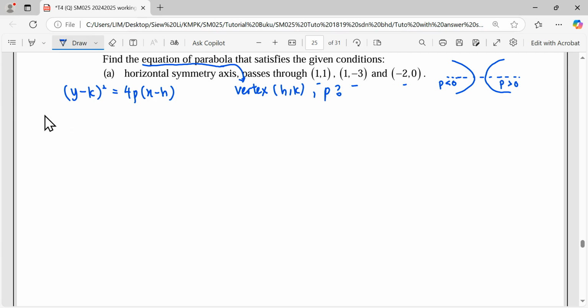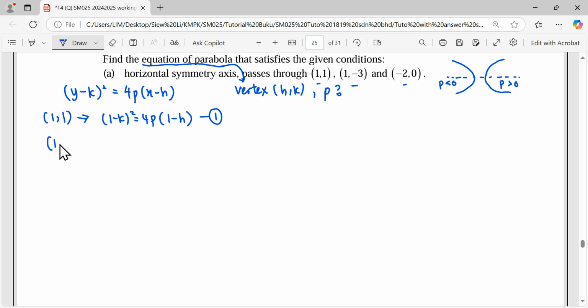So for the first point, (1, 1). When it passes through, we can substitute into our equation, which is (1 minus k) squared equals 4p(1 minus h). Alright, we let it be the first equation from the first point.